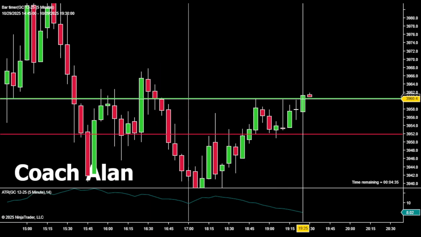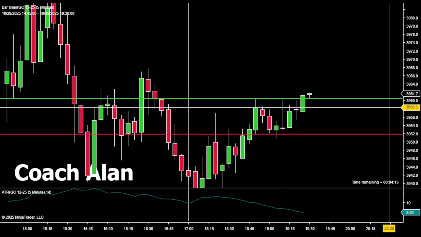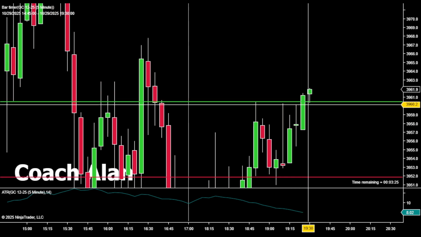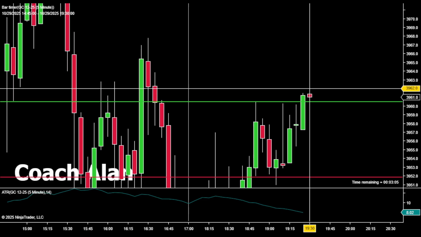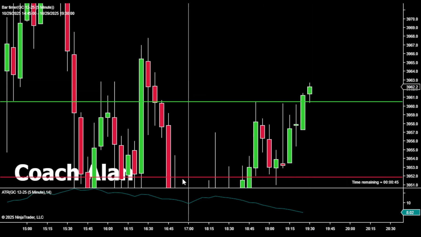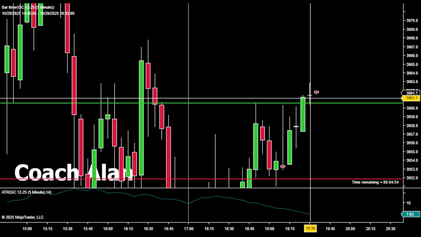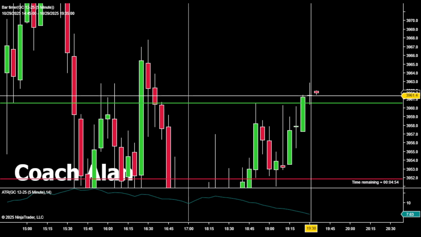All right, so this one did close above the high of the range, but that's not enough body for me. So let's see what this candlestick does. This candlestick did close above, but it closed as a doji.